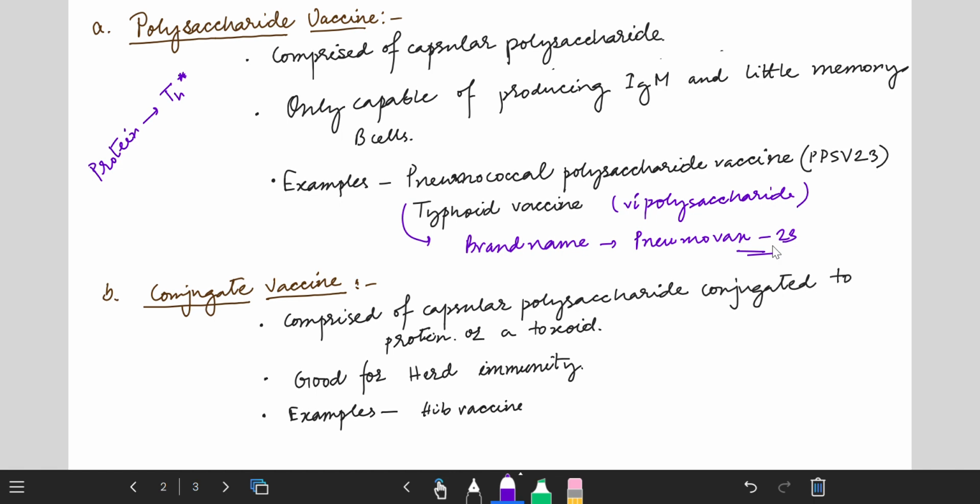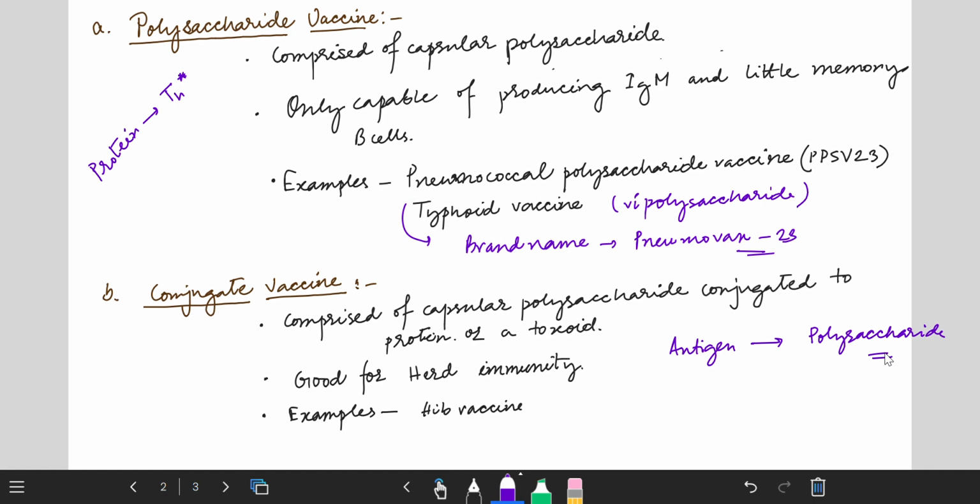Now, what are the conjugate vaccines? So, conjugate vaccines are actually comprised of capsular polysaccharide which is conjugated to a protein or a toxoid. It means an antigen or protein is linked to the polysaccharide, which is made from the outer coat of the microbes, to stimulate the immune response to make the antibodies.